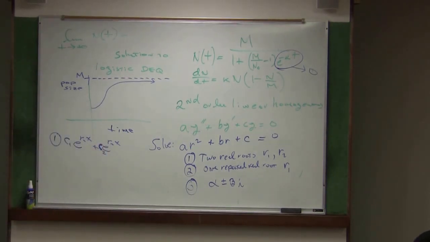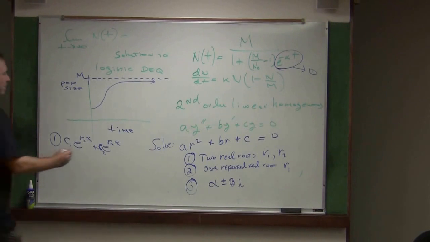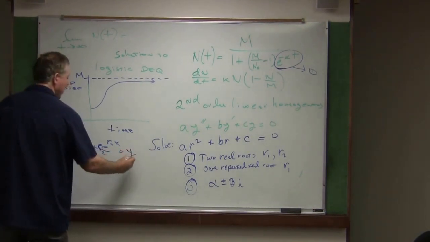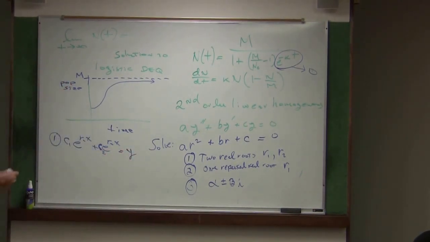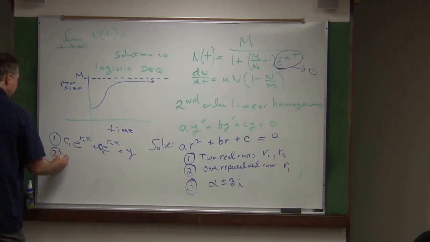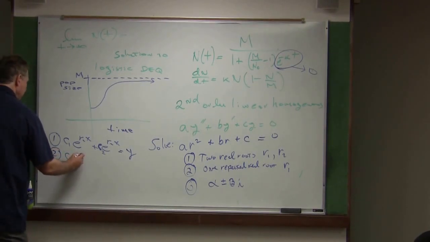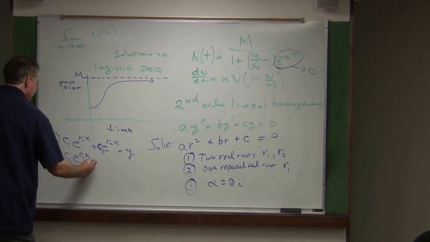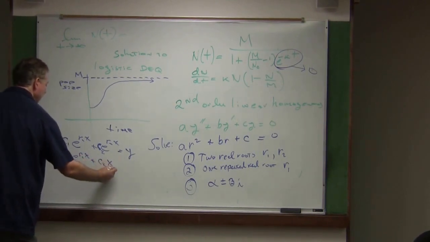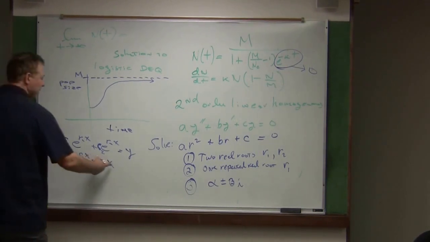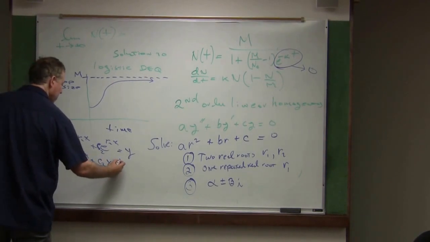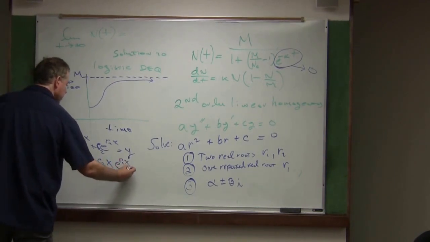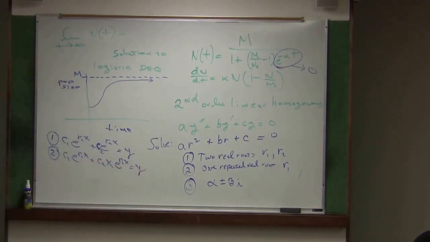That's the general solution for y. In the second case, it's very similar. It's going to be c1 e to the r1 x, but here you throw in an x: plus c2 x e to the r1 x. And that's the solution.